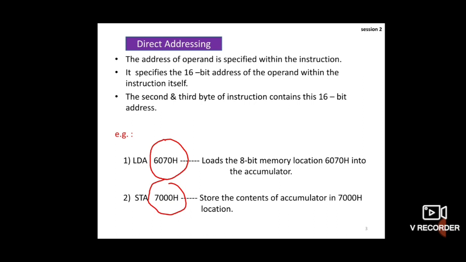Whatever data is in the accumulator is stored in the specified memory location, 7000. Understood, students? In simple words, always remember, in any instruction, if an address is specified, that instruction is direct addressing mode.